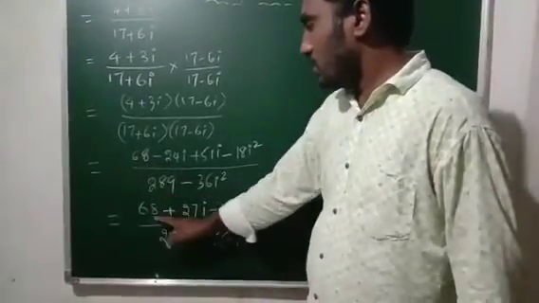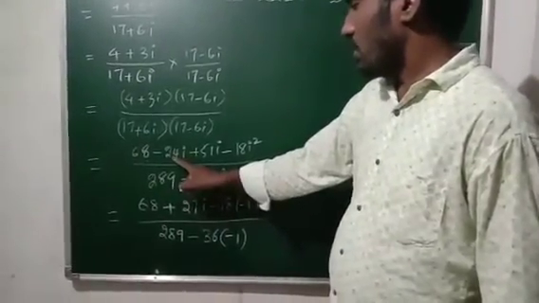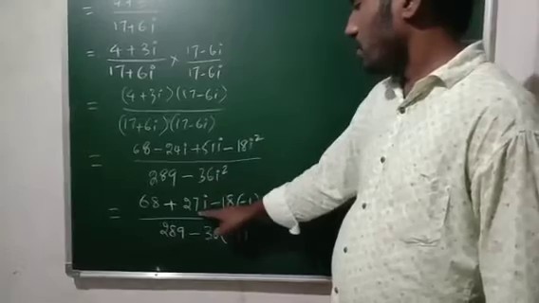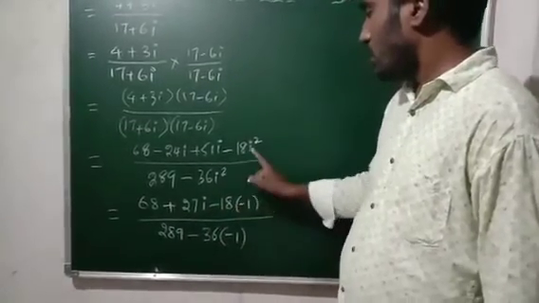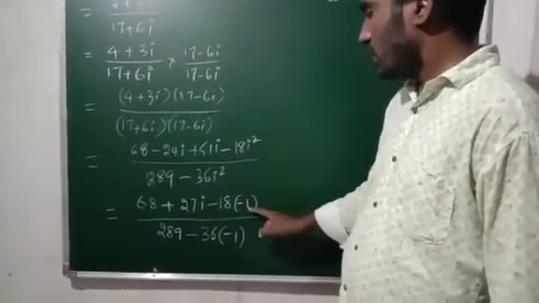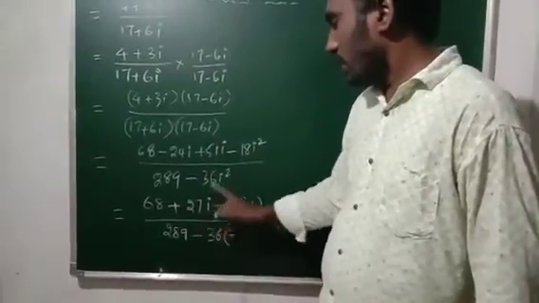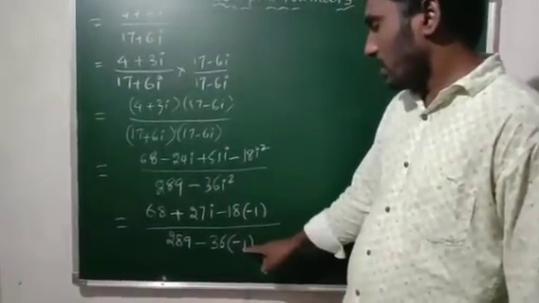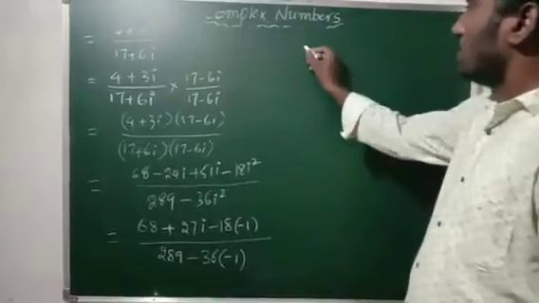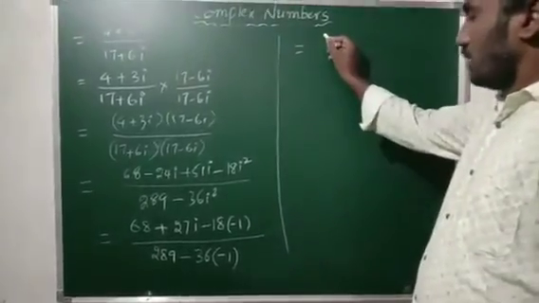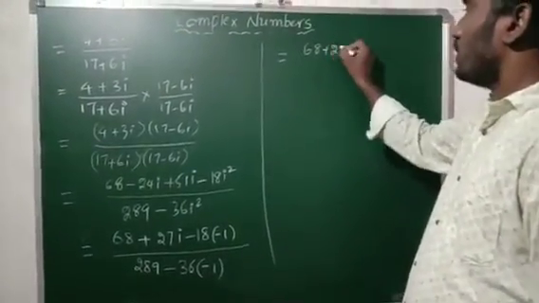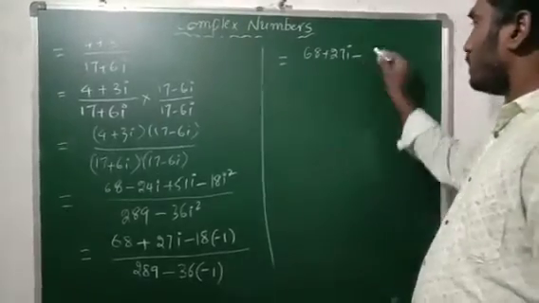In the next step, −24i plus 51i is plus 27i. Next, minus 18 into i square value, which is −1, so substituting here. Next, 289 minus 36 into i square value, again −1. So this is equal to (68 + 27i + 18)/(289 + 36), minus into minus is plus.